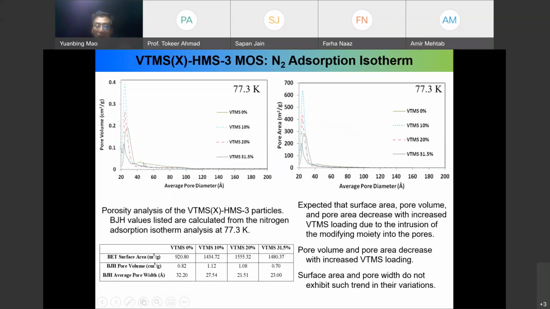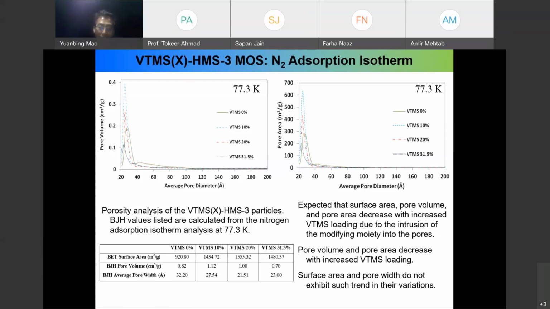I'm not going to look into these figures, but the data from this table is from these plots. You will see that the surface area initially increased, and then if we add too much VTMS, it starts to decrease, right? As I showed you earlier with the X-ray diffraction patterns, the mesoporous structure starts to be destroyed.